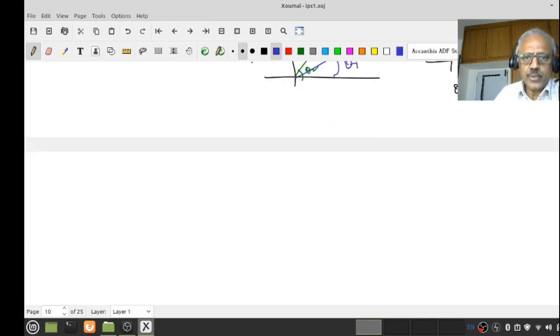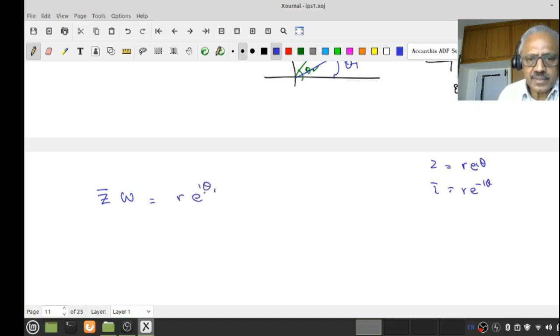Fine. Now how do I get it? The interesting thing is I can get it the following way. Suppose I take z bar w. What is z bar? Remember, z is r e power i theta, therefore z bar will be r e power minus i theta. So z1 bar is r1 e power minus i theta 1.